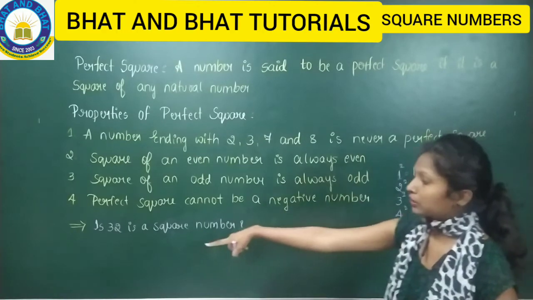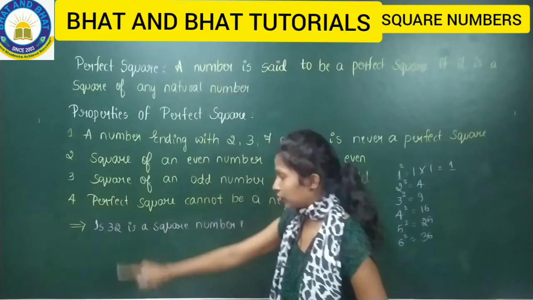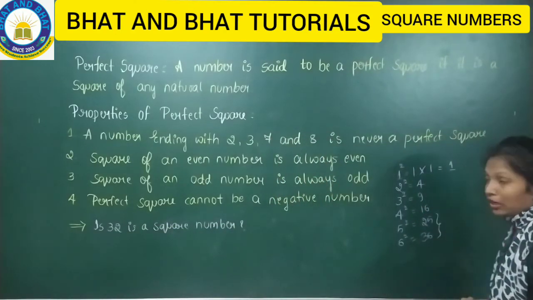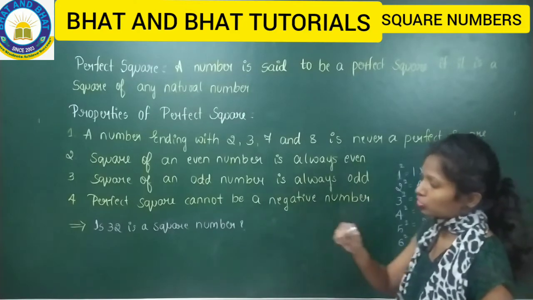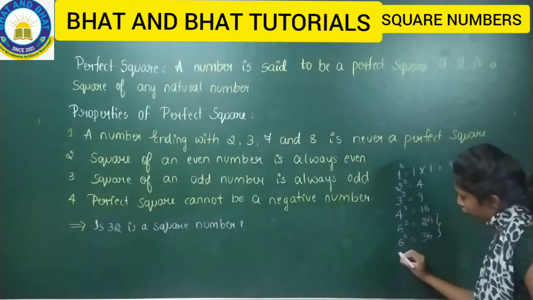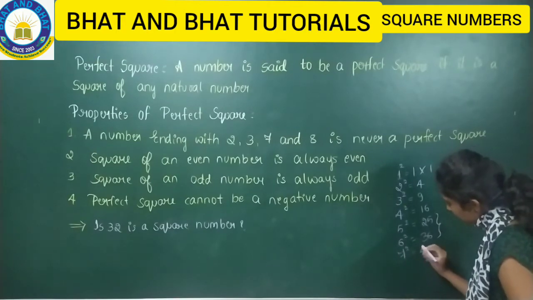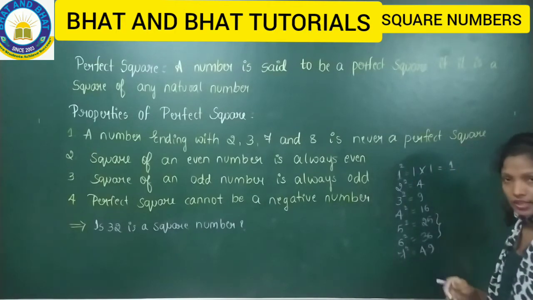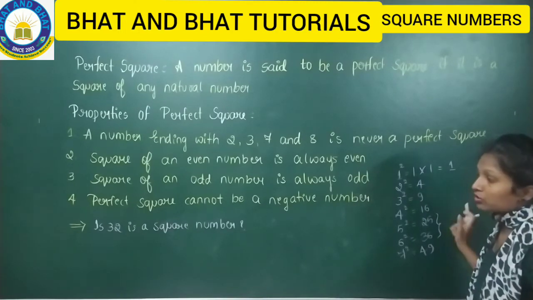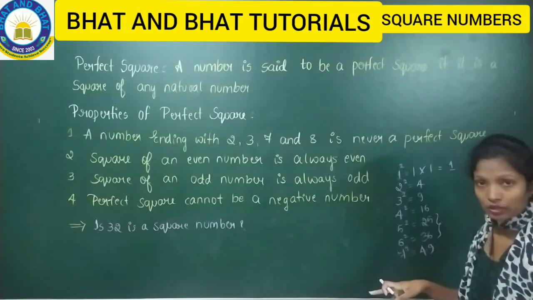So what is the number that I am having here? It is 32. 32 lies between 25 and 36. Can you see 32 in any of the numbers? If I go further, the numbers will be increasing, right? It will not decrease again. So can you see 32 over here? No. So can we call 32 a square number?